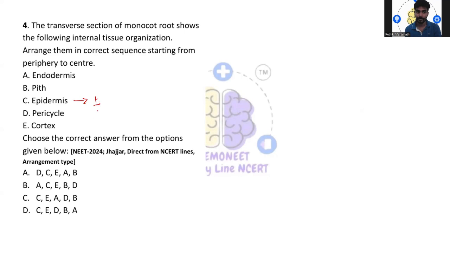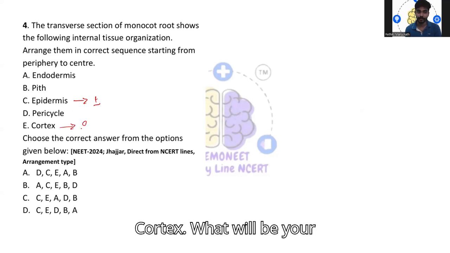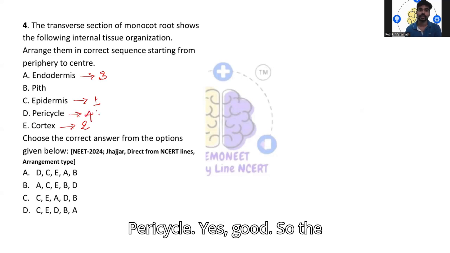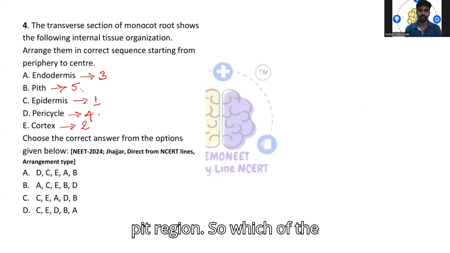Epidermis. What will be your second? Cortex. What will be your third? Endodermis. Very good. What will be your fourth? Pericycle. Yes, good. So the last one will obviously be the pith region.